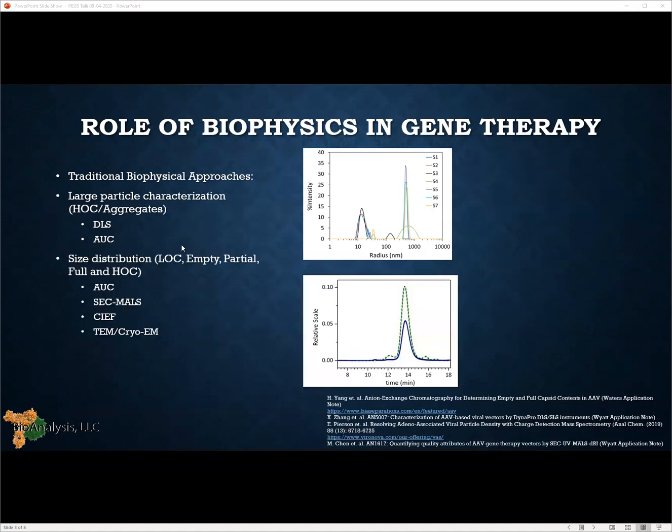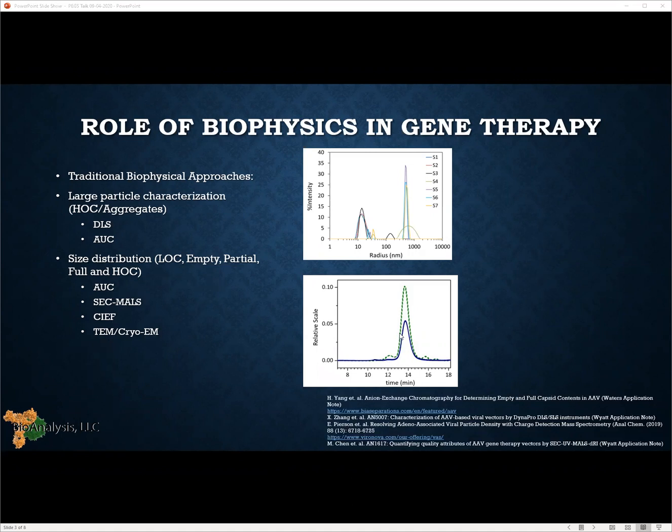For other size distributions, for your low order capsids, which is anything smaller than your empty capsid, as well as empty capsid, partial, full, and HOCs, you can use SEC-MALS, capillary isoelectric focusing, TEM, and cryo-EM. On the right hand side here, you see a nice chromatogram of the SEC-MALS, which gives you a good idea of your empty and full capsids.